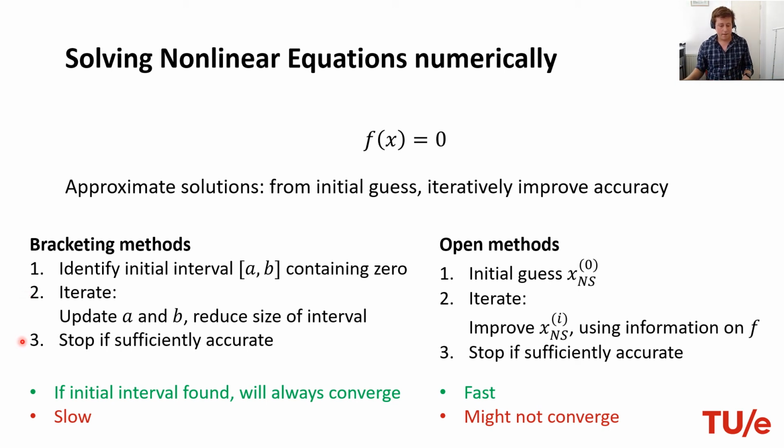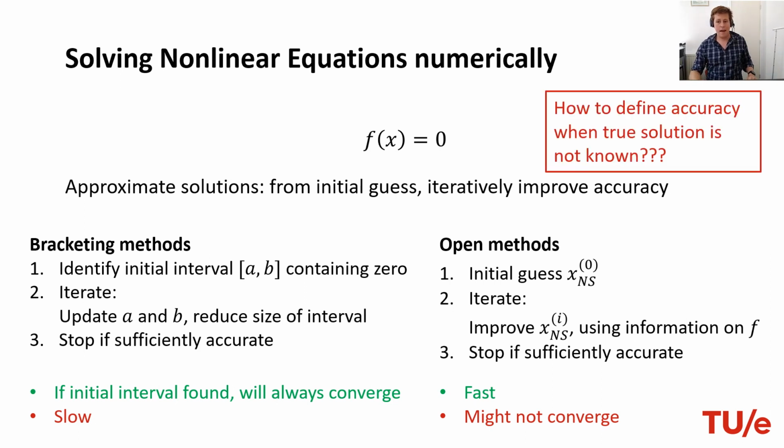And then there is this stopping criterion. We stop if the solution is what we call sufficiently accurate. However, the idea of accuracy is a bit vague here, because how do we define accuracy actually when the true solution is not known? And that is what is discussed in the next video.